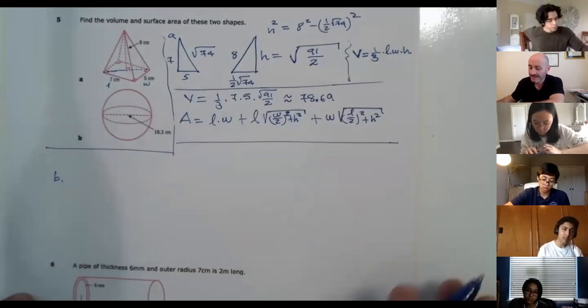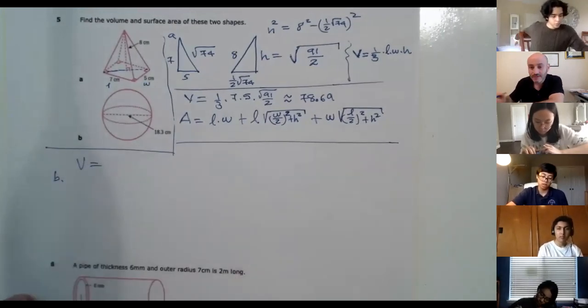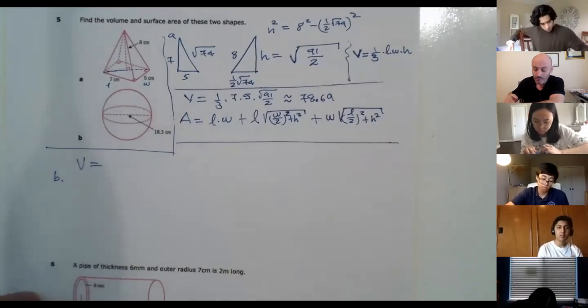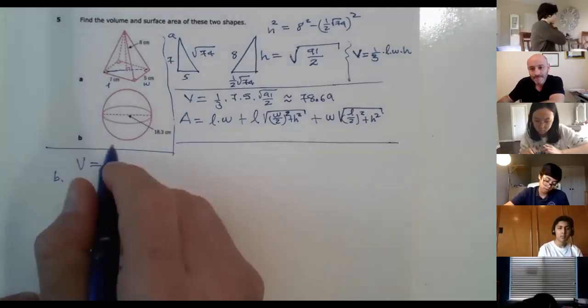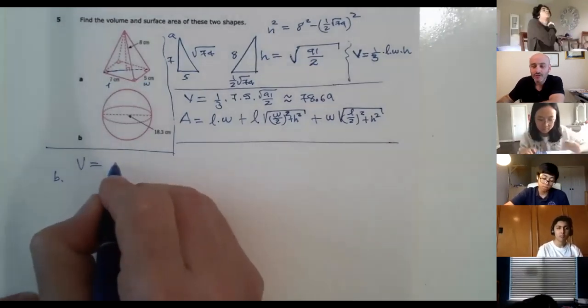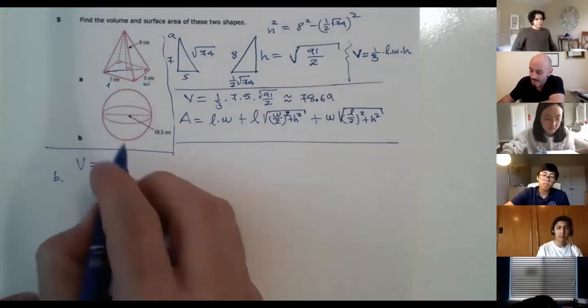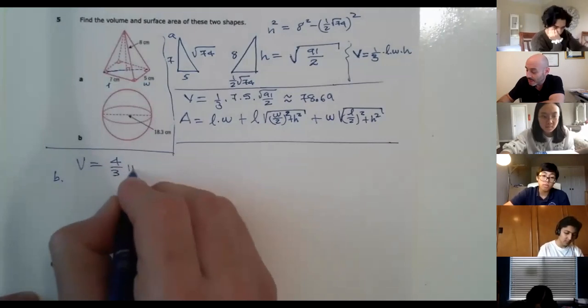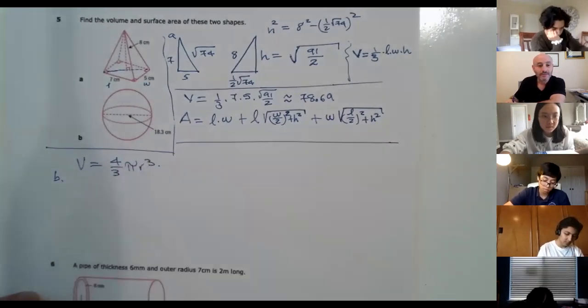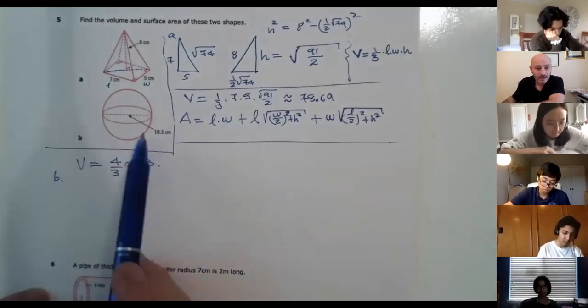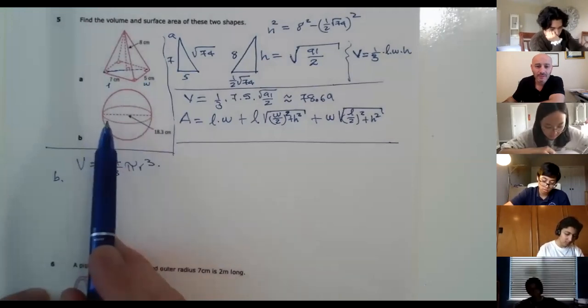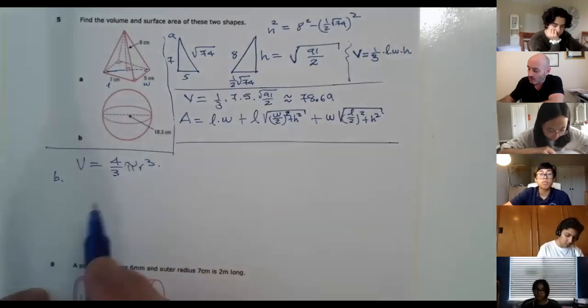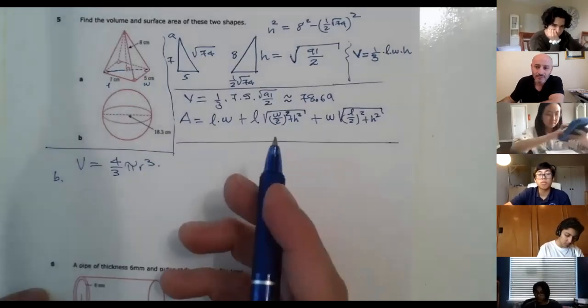So we have the volume of the sphere. What's the formula for the volume of a sphere? You do have that in your booklet, but does anybody remember? 4/3 pi r cubed, I think. Yeah, 4/3 pi r cubed, right? So in this case, they're giving you the diameter, 18.3, so we need to divide that by 2 and cube it.